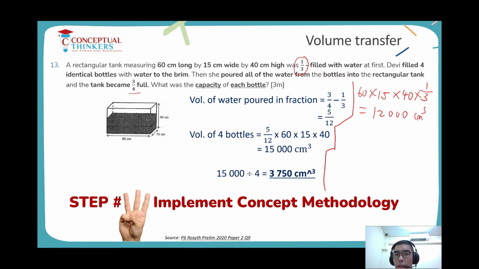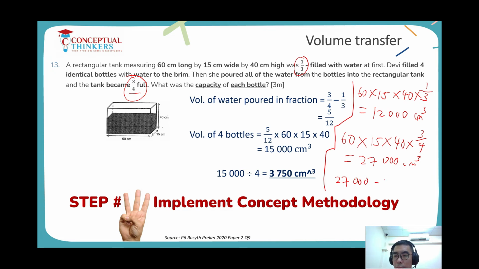Then we know that in the end it will be 3/4 full. So I take 60 times 15 times 40 and multiply by 3/4. This will give me the volume of water in the end. If you use your calculator, you should get 27,000 cm3. Then I look at the difference between these two.